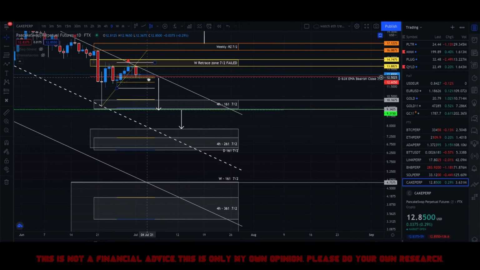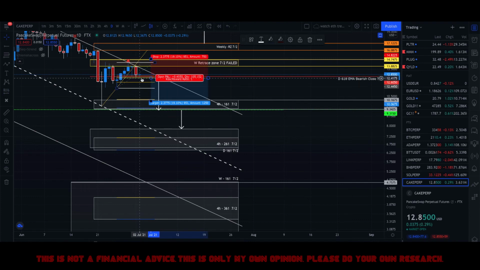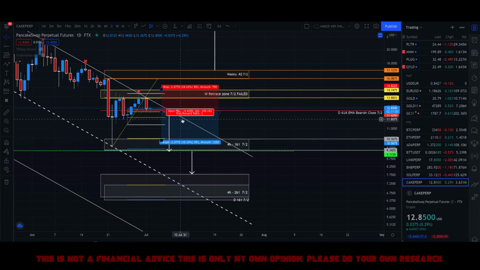A close under the 618, like I said. You see that it's almost bouncing off the 618 zone, right?